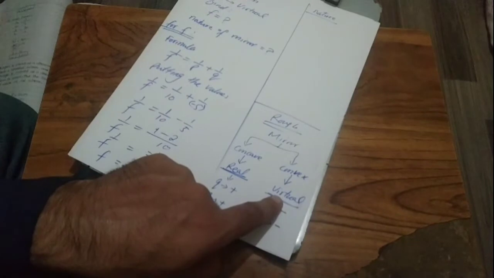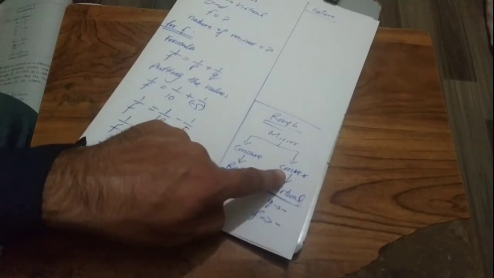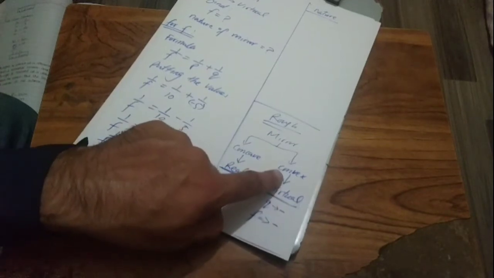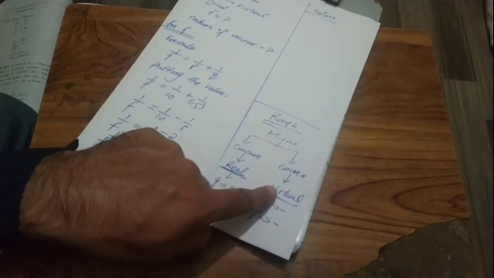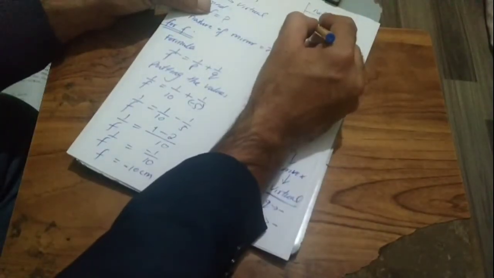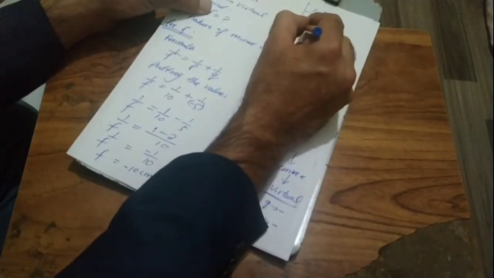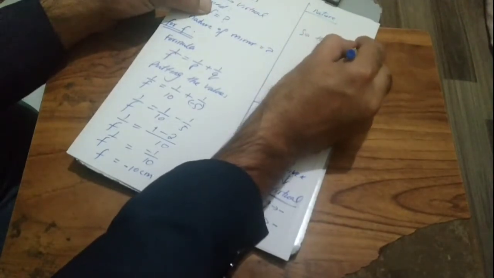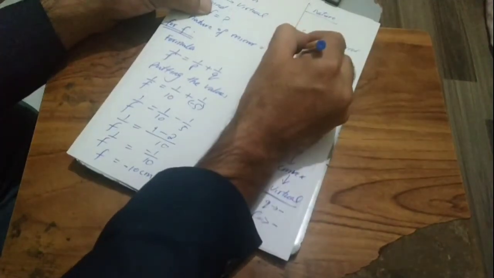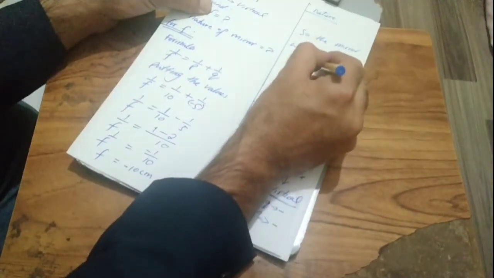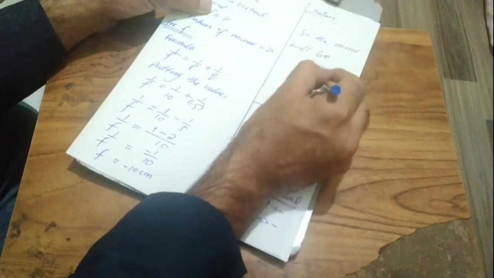Since the image is virtual, what will be the nature of mirror? When the image is virtual, the mirror will be convex. So nature of mirror is convex. So this is the answer.